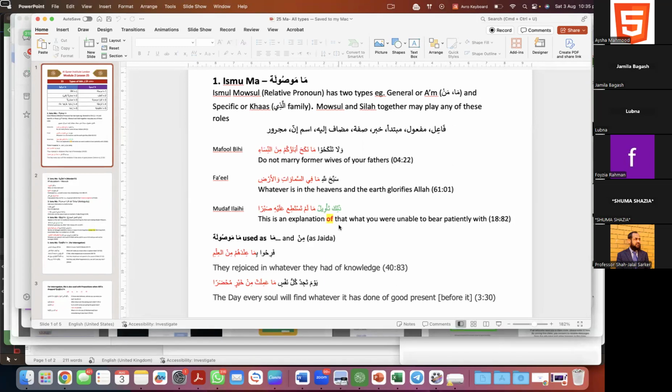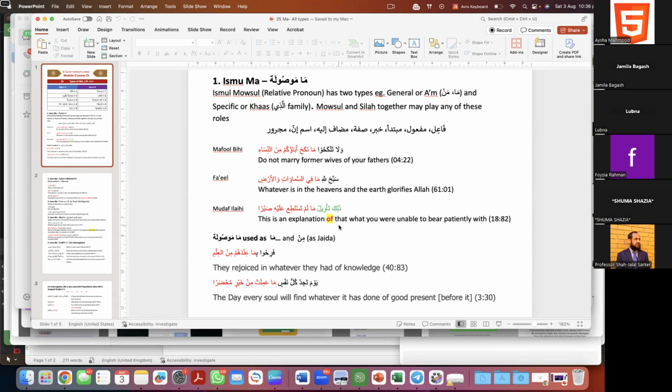Before we go downward, look at this. Mawsul and Sila together make Jumlatul Mawsul, correct? Jumlatul Mawsul has two parts: Mawsul and the Sila. Together it may play any of these roles. Can you read it yourself? Fa'il, Maf'ul, Mubtada, Khabar, Sifat, Mudhaf ilayhi, Ismu Inna, Majroor.